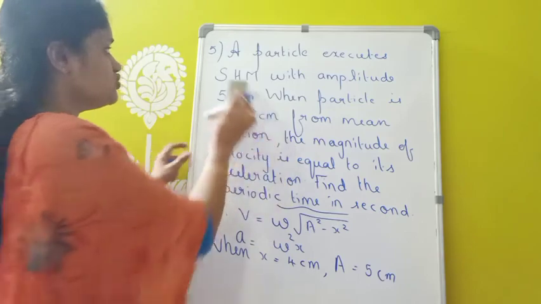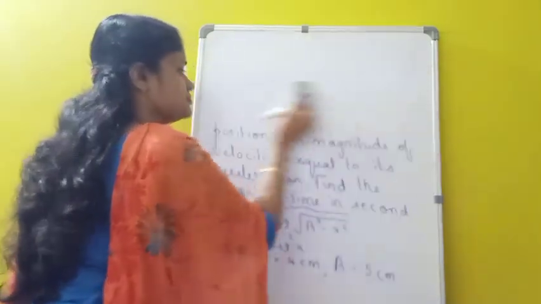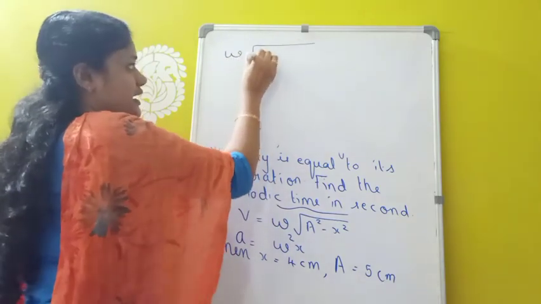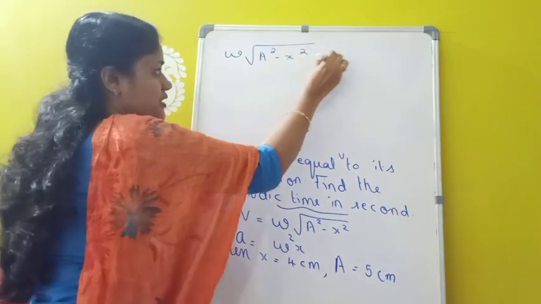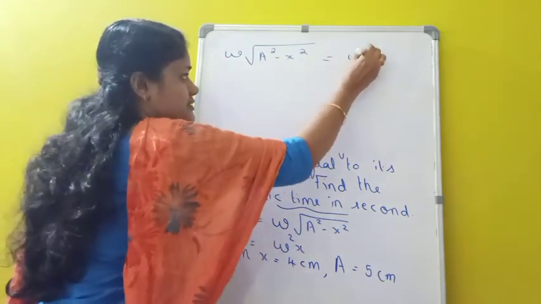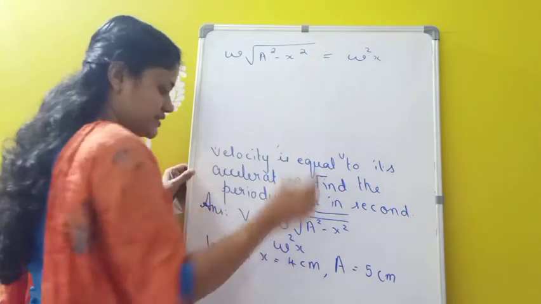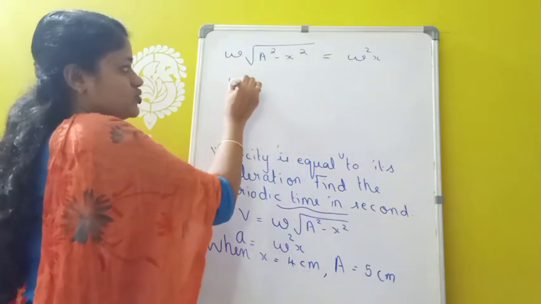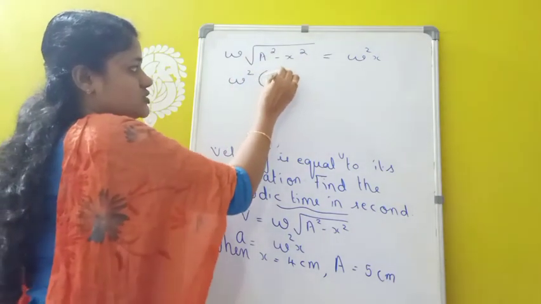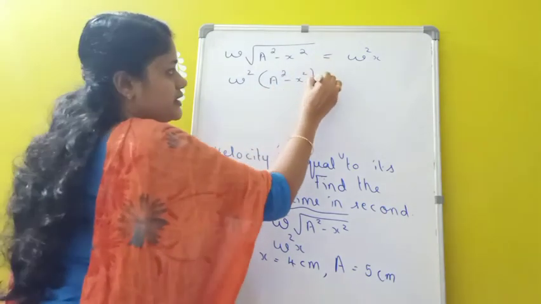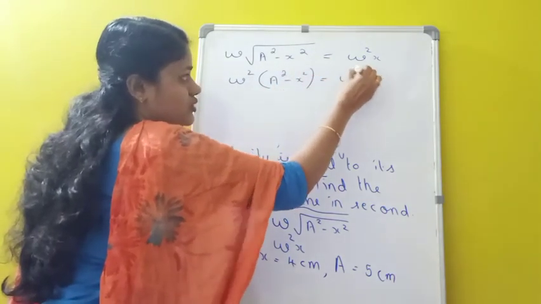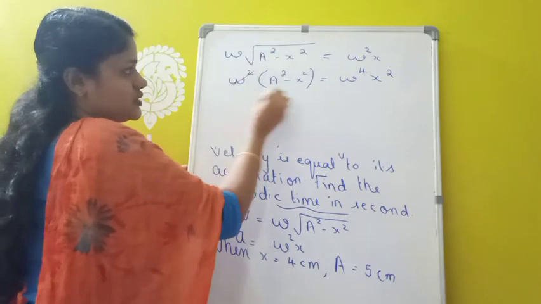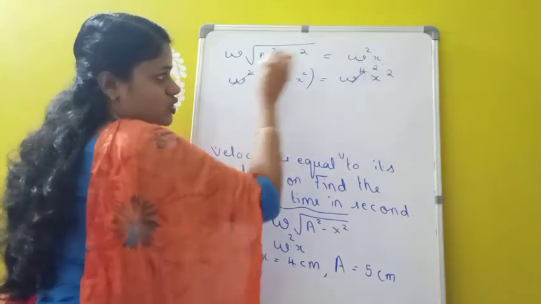When x equals 4 cm, this velocity and acceleration are both the same, so we can equate these two formulas now. So omega into root of a square minus x square is equal to omega square into x. When the displacement is 4 centimeter, both velocity and acceleration are the same. Now I am squaring both sides, so omega square into this root will go. So a square minus x square equals omega raised to 4, I am squaring here also, into x square. Here one omega square and here one omega square, so remaining you will be getting one more omega square here.